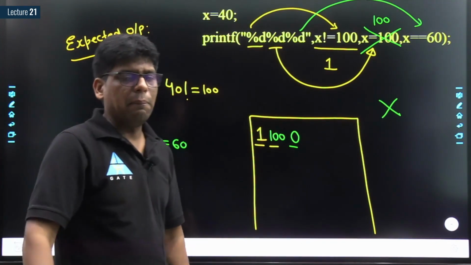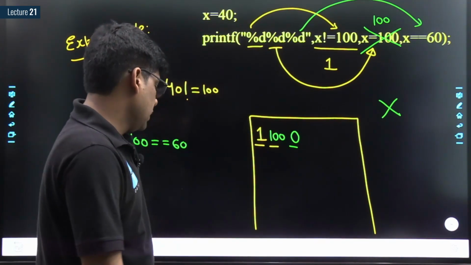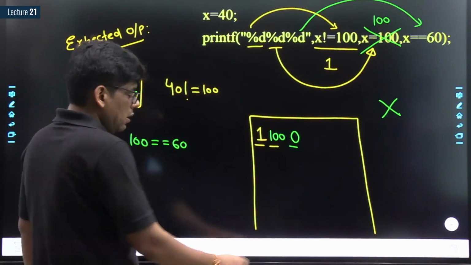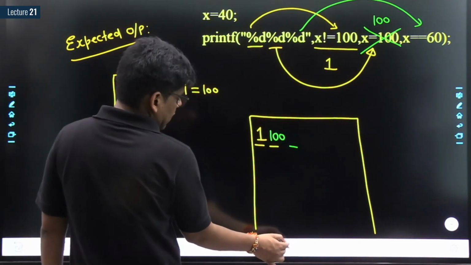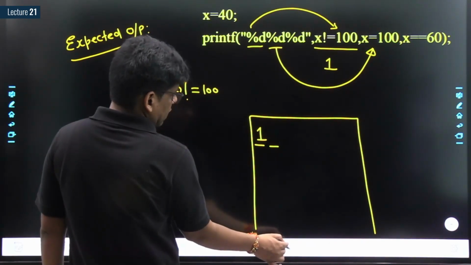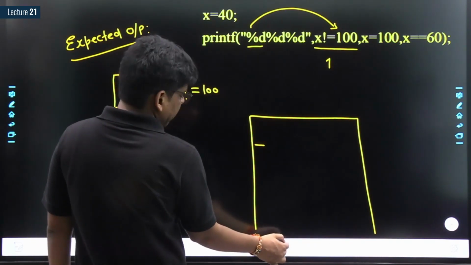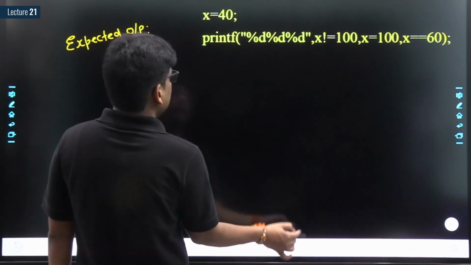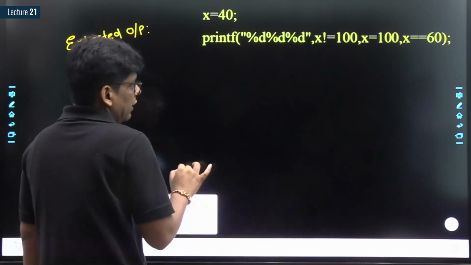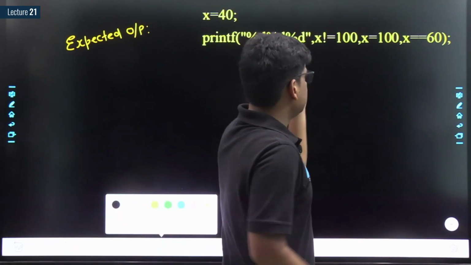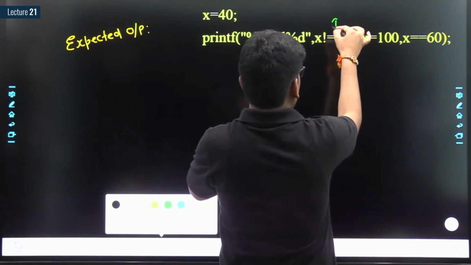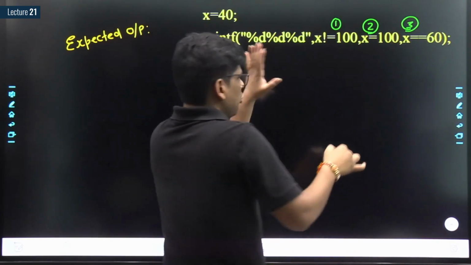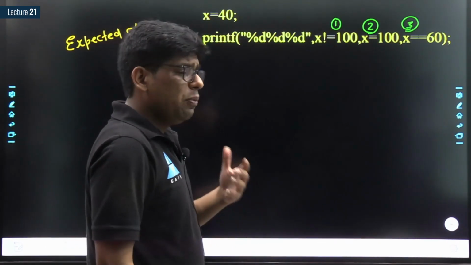In most of the compiler, you need to understand how printf used to work. Sir, how printf used to work? So printf, if I talk about printf, sir, printf contain various things. Okay. But sir, first printf, how many expressions are there? 1, 2, 3. And 3 format specifier are there. But how printf works?